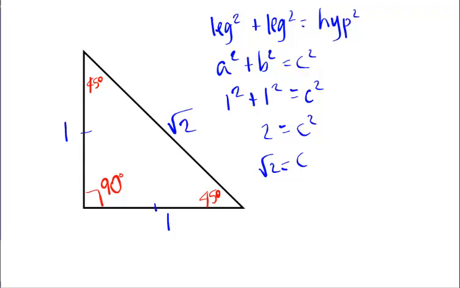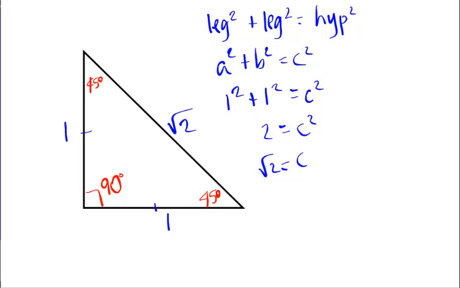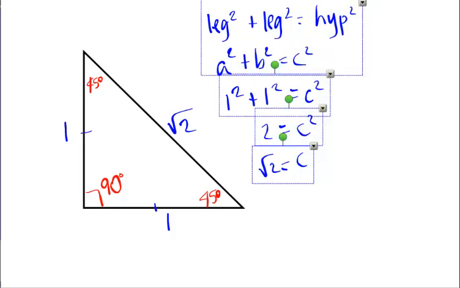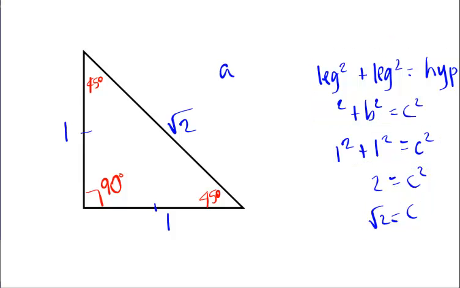So if I want to run through all of the trig functions for these guys, let me just move these folks out of the way here. Then what we're going to look at is the sine.